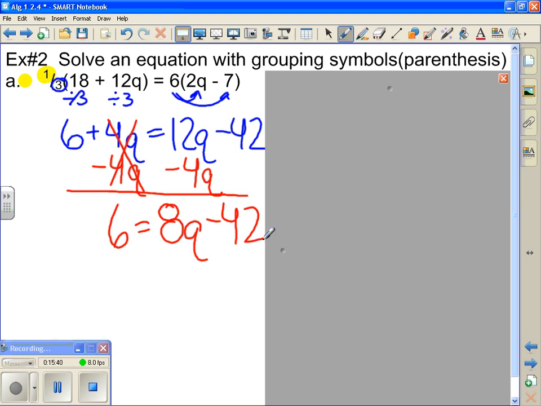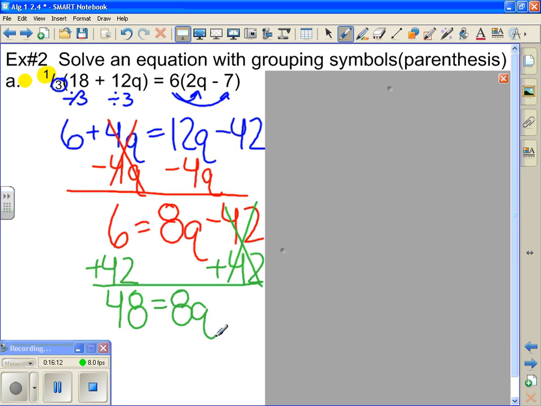Now we're looking at step 5, the constant. What is the constant? If you guessed 42, that's correct. And how do we get rid of a minus 42? That's right, add 42. Always do the inverse or opposite operation. Now 6 and 42 make, good, 48.